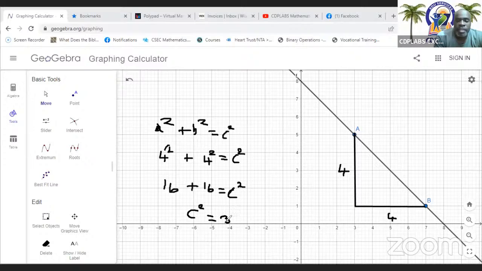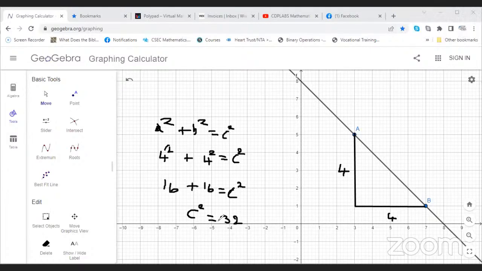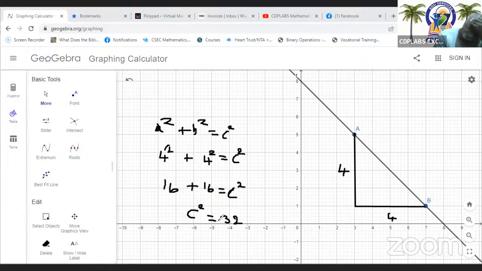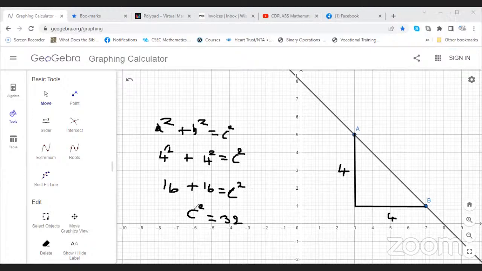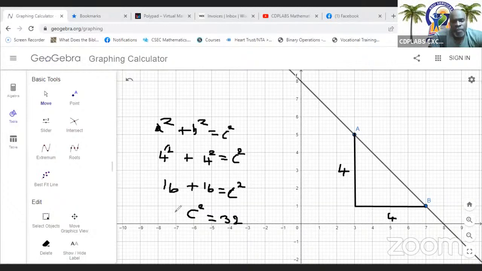What we want to find is c, right? All right. So you have to find a square root on both sides. Square root of c squared, the square root of 32.